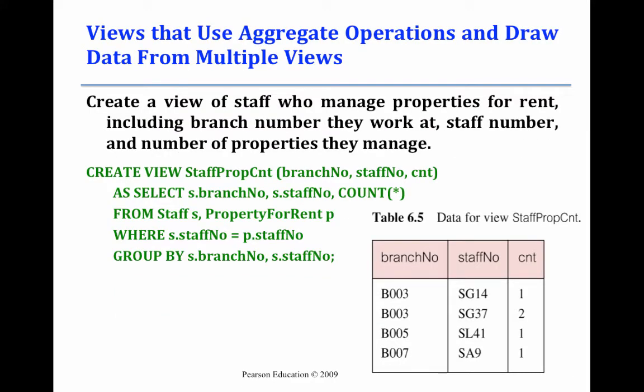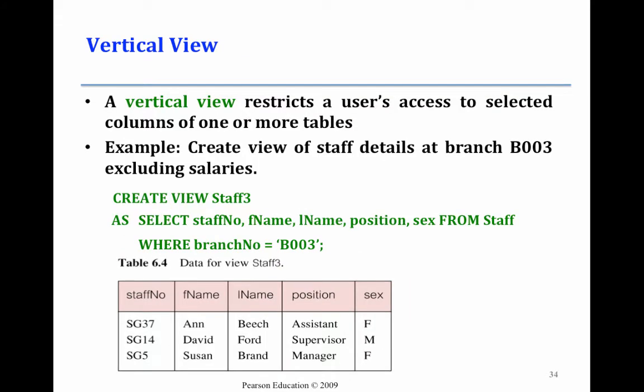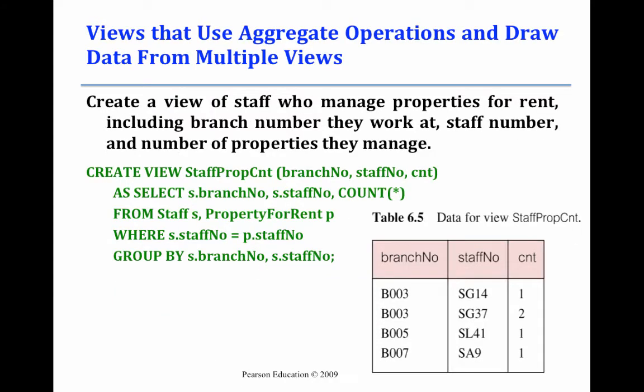Okay, so I said that one of the reasons for using a view is aggregate data. These two, horizontal and vertical views, address the situation where you're restricting access to data. Then I said you might want to use them for aggregate data. So here's one where we're keeping track of the number of properties managed by the staff at different branches.